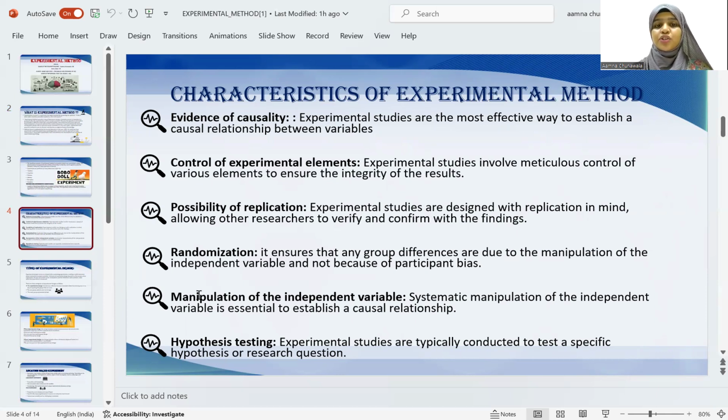Next, we have the manipulation of the independent variable, which means systematic manipulation of the independent variable is essential to establish a causal relationship. Last but not the least, hypothesis testing. Experimental studies are typically conducted to test a specific hypothesis or research question.